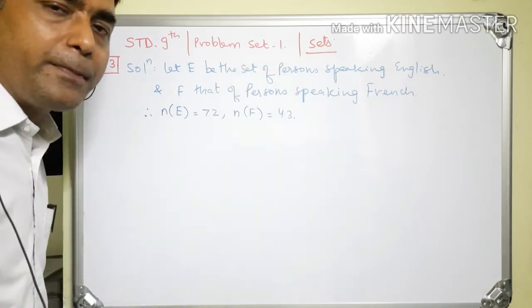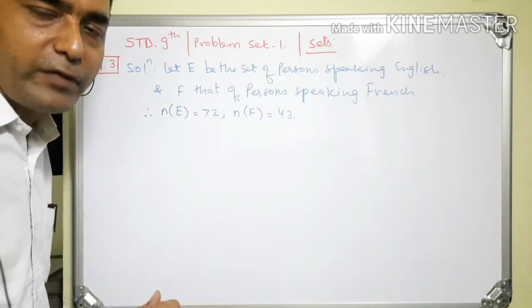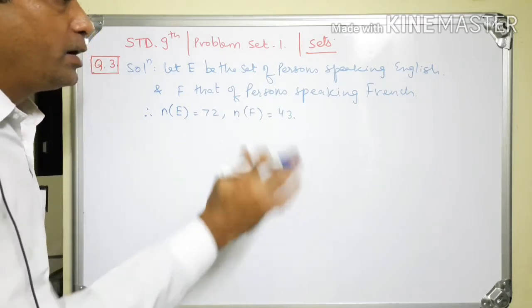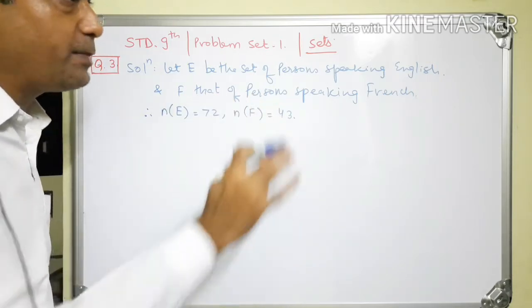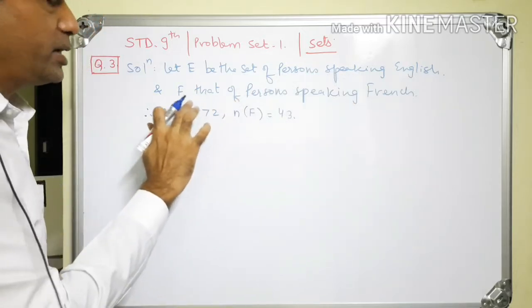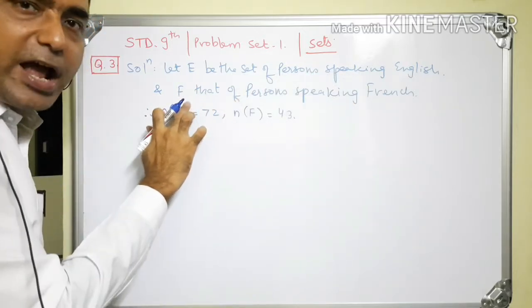Now each one of them speaks at least one language, which means that person is a member of set E or that person is an element of set F.